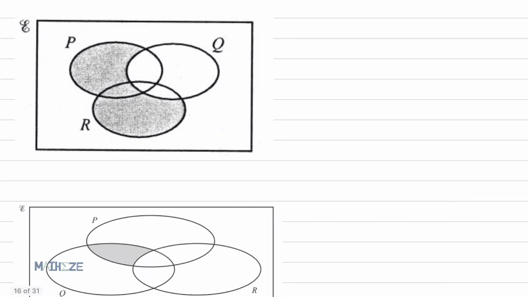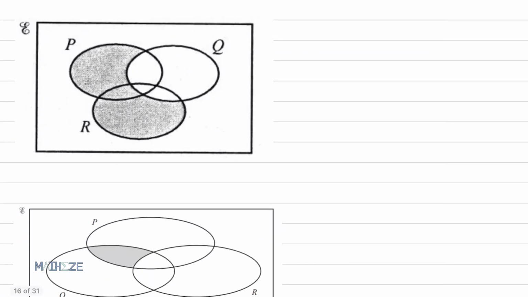Let's practice more. Here, I can see Q complement intersection P union R because the shaded region is outside Q but inside P and R. But I'm not sure of my answer. How will I check? Q complement means everything other than Q. So I wrote letters.